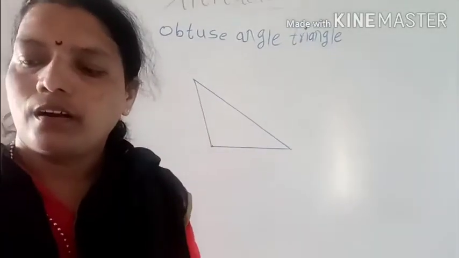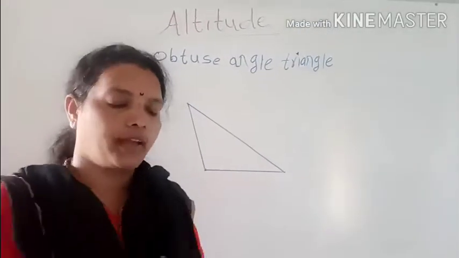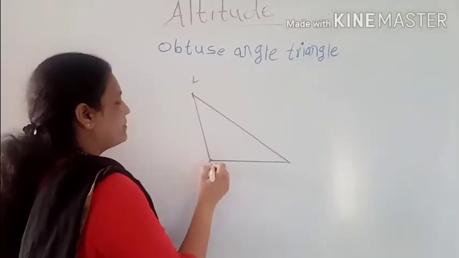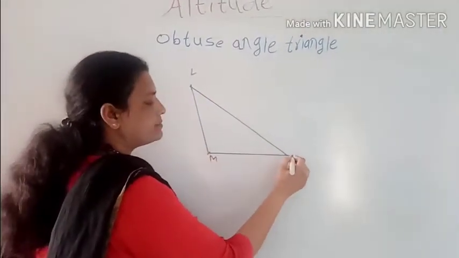This is our obtuse angle triangle. As per the question, we will give the names L, M and N.